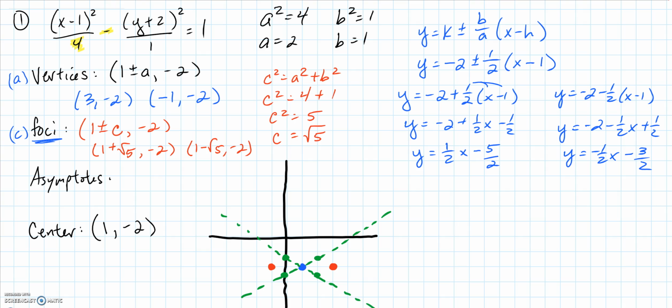It looks like that. Remember, they're supposed to cross through the center, and they do. So now all I have to do is draw the hyperbola branches. We're going to go here, get closer to that asymptote, and on this side, and we're done. Okay, that's number 1.